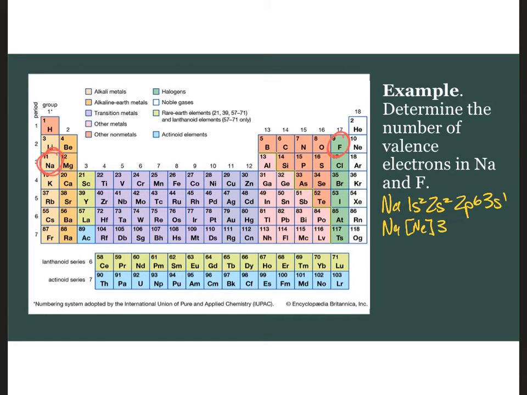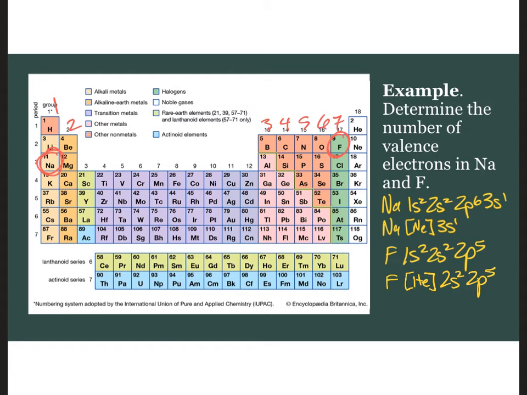If we examine fluorine, its electron configuration is 1s2, 2s2, 2p5, which we could rewrite as having a helium noble gas core, 2s2, 2p5, but it doesn't really save us much writing. Either by counting the columns for these main group elements or by using the noble gas core notation method, we see that sodium has 1 valence electron and fluorine has 7. Hold on to that information for the next slide.